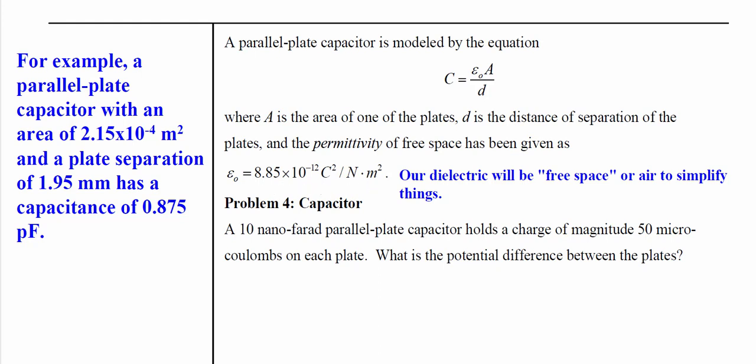Now, just to give you an example of how this formula would work, let's say we're given this area right here with this plate separation. We would find the capacitance by using the formula up here.